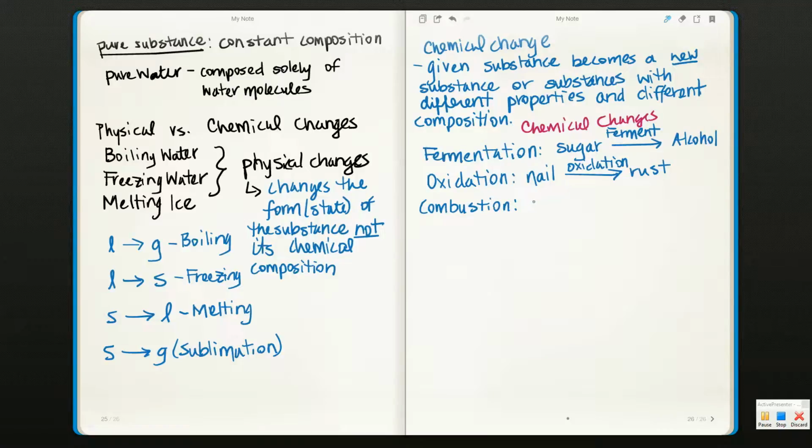So that's burning something. So if you had some logs in your fireplace and you burned them, then eventually you get ash. But this is combustion. So this is also a chemical change.